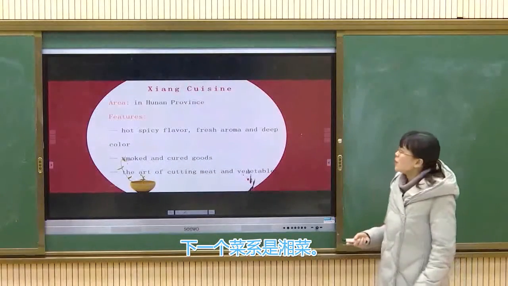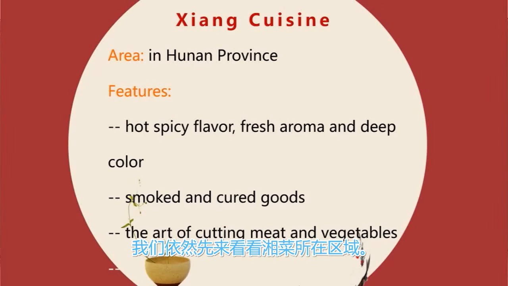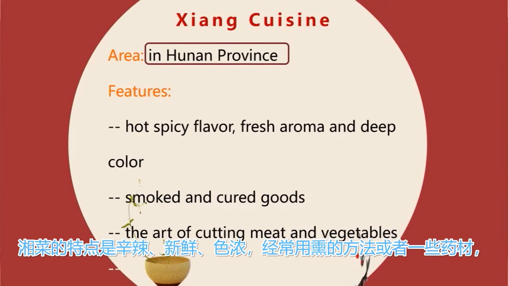Next cuisine is Xiang cuisine. And first, also let's look at the area. Xiang cuisine is usually in Hunan province. And the features of Xiang cuisine, that is hot spicy flavor, 非常的辣, and it's of fresh aroma and deep color, and it often used the smoked and cured goods.